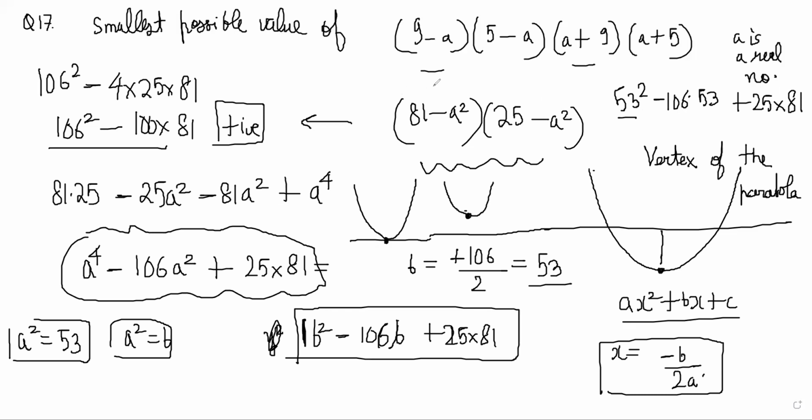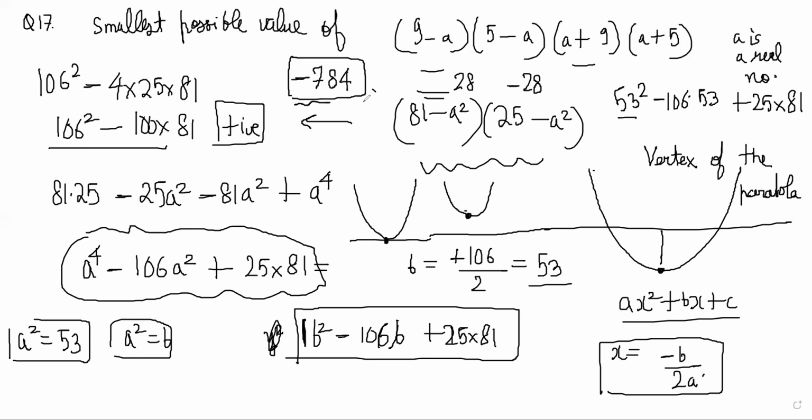So 81 minus 53 becomes 28, and 25 minus 53 is minus 28. So it's minus 28 square, which is minus 784, I think.